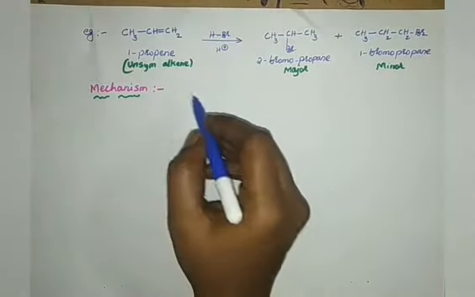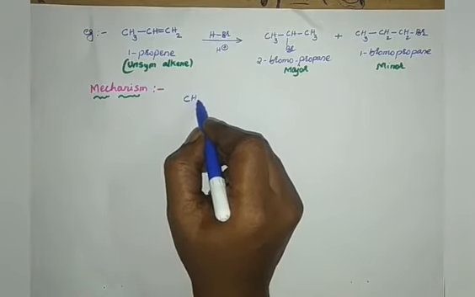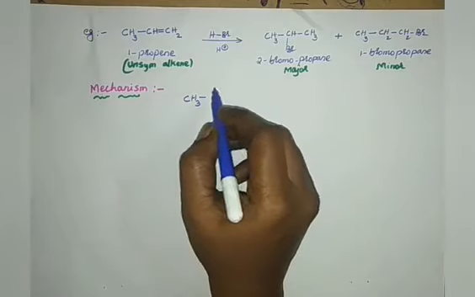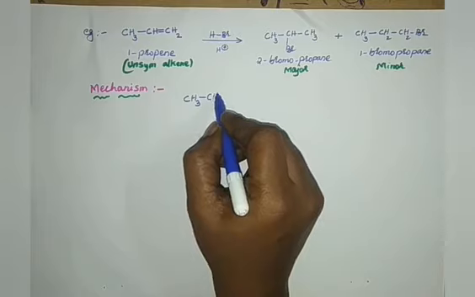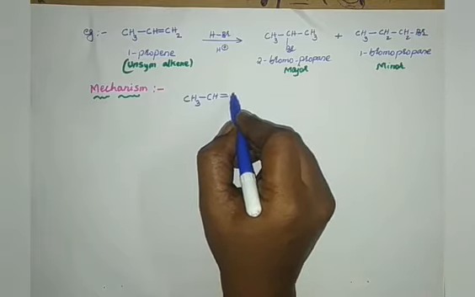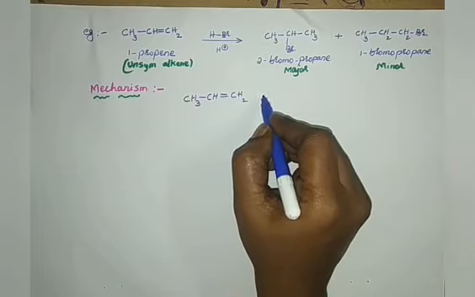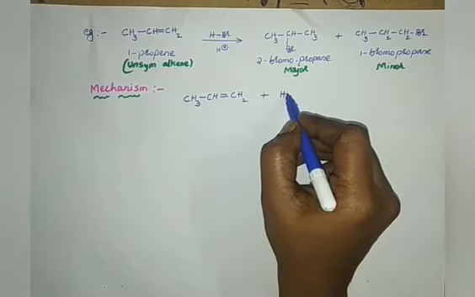First, this alkene, CH3 alkene, due to having loosely held excess pi electrons, acts as an electron rich center, right? Therefore, this alkene attacks the H plus produced from the HBr, because HBr I am taking here.